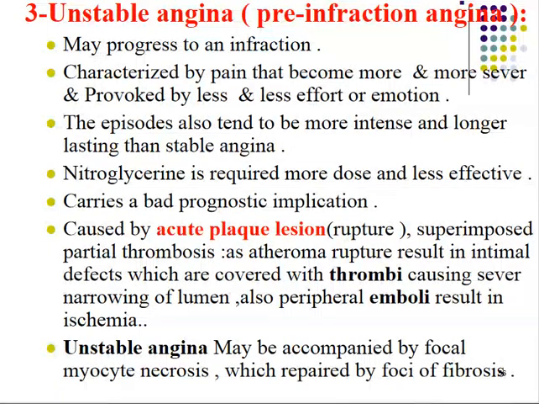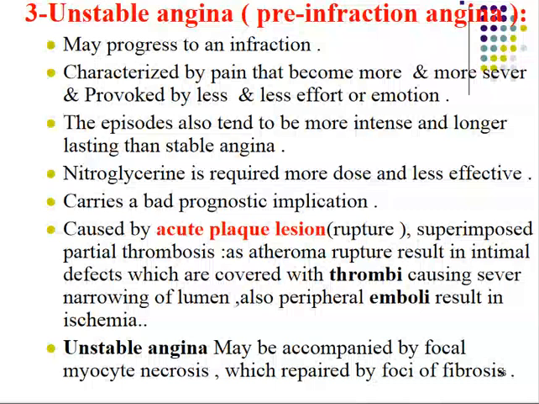In contrast to the other types of angina, which are not associated with any pathology in the myocardium, this type of angina may be accompanied by foci of myocyte necrosis, which are repaired by foci of fibrosis.